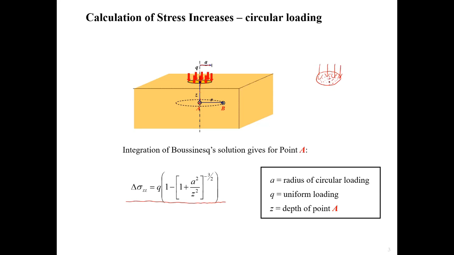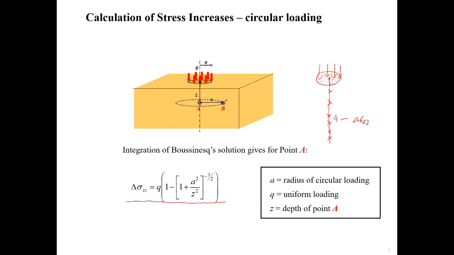Any point below this center point, if you do the projection, you are able to use this analytical solution to calculate the stress increase. If this is point A, you are able to calculate the delta sigma ZZ, the stress increase at this point if you apply a circular load on top of the soil ground. So this is one scenario.